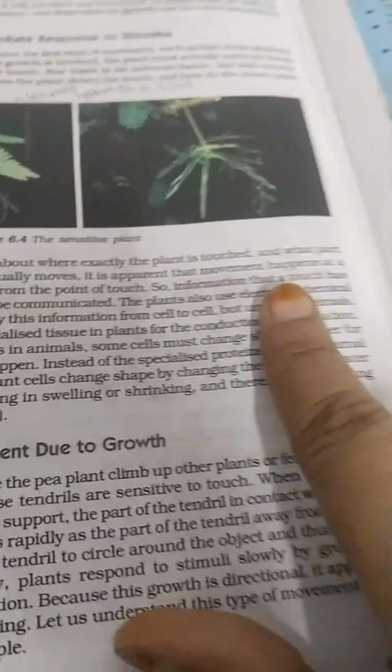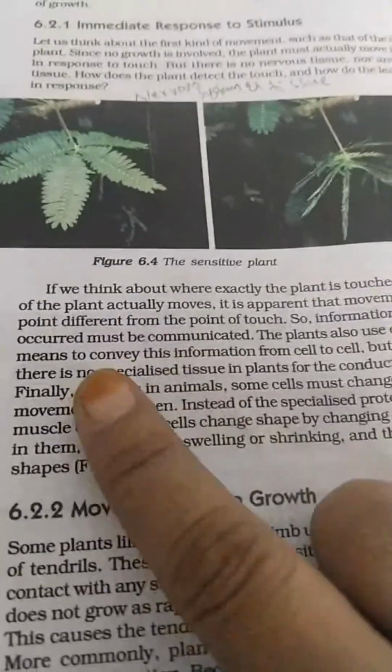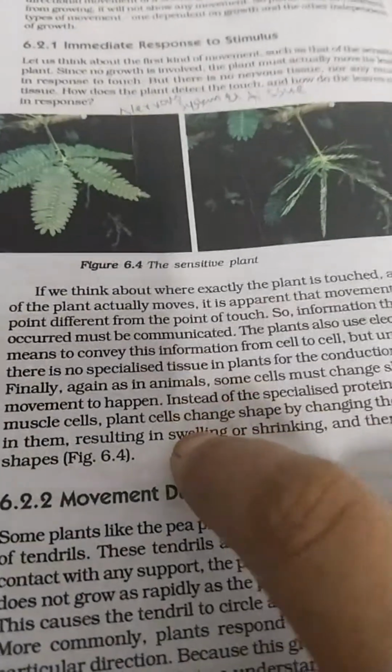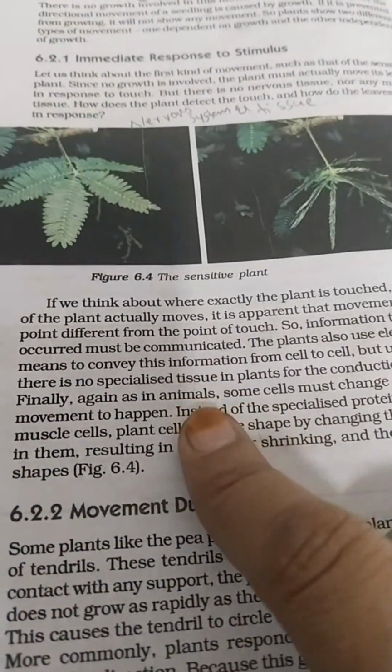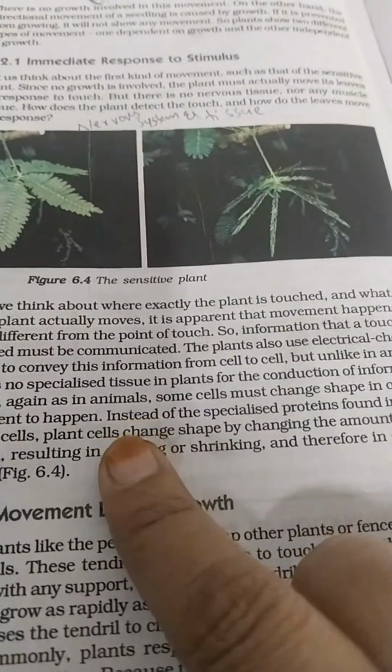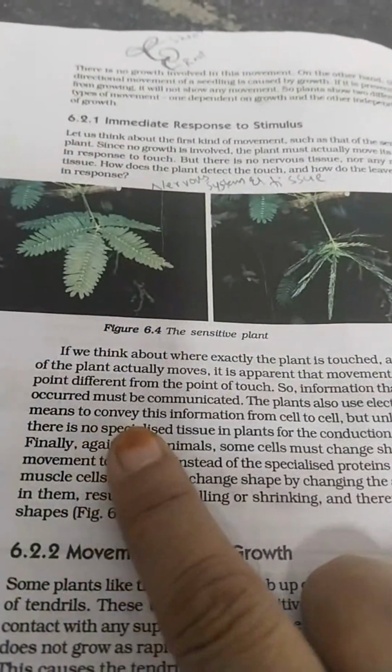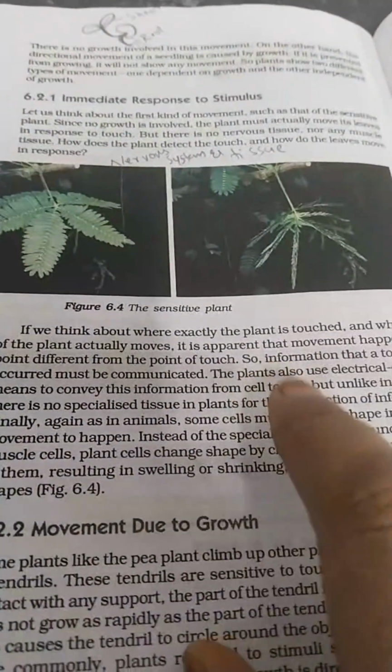The information that a touch has occurred must be communicated from one part to another part. The plants also use electrical and chemical means to convey this information from cell to cell.